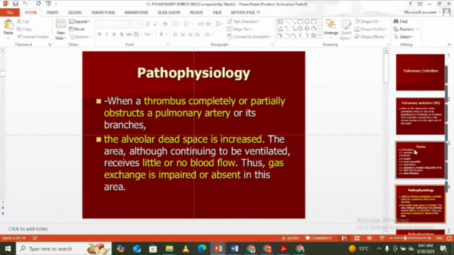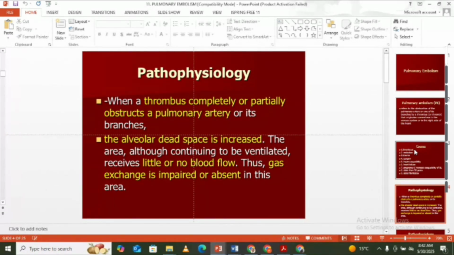That's going to impair gas exchange, or there will be no gas exchange taking place at all, more especially if it is a complete obstruction. So that's going to affect gaseous exchange from taking place.